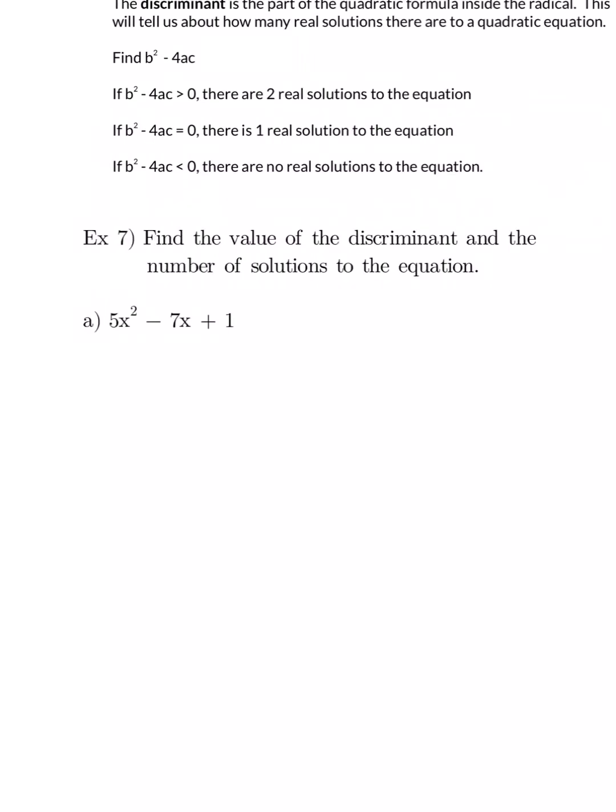We are going to find the value of the discriminant and the number of solutions to the equation based on the value of the discriminant. We only need to use the part of the quadratic formula that is the b squared minus 4ac. So for this problem, our b is -7.